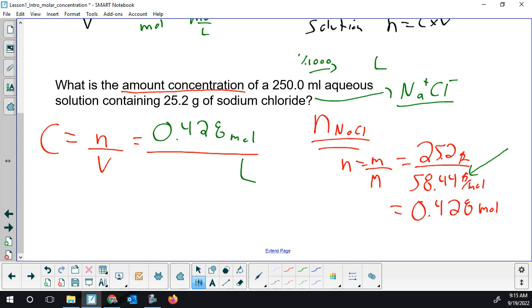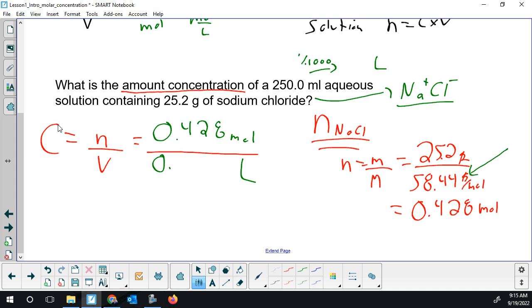Now your Alberta data booklet inside has the meaning of all the prefixes. So if you do forget, you get mega on the bottom of page 3. You have the meanings. So you take 250, divide by 1,000, and we have 0.250. Okay, so that's not a significant digit.